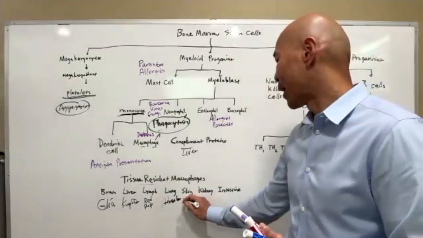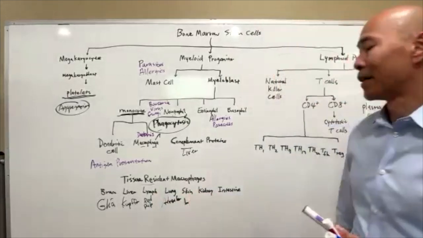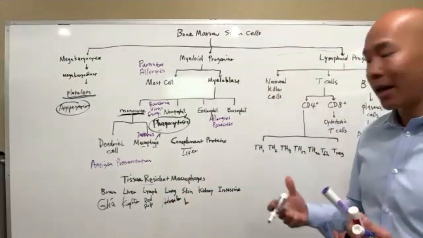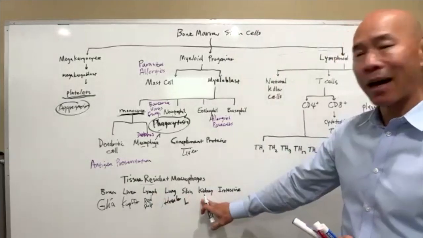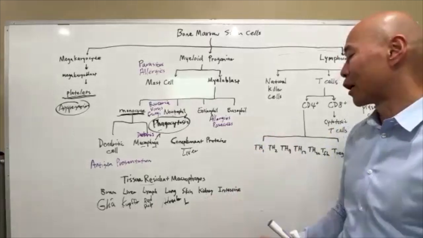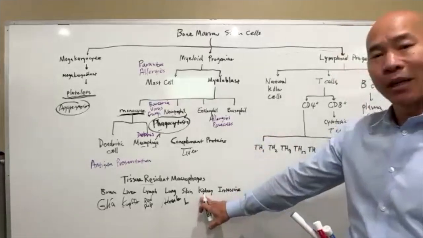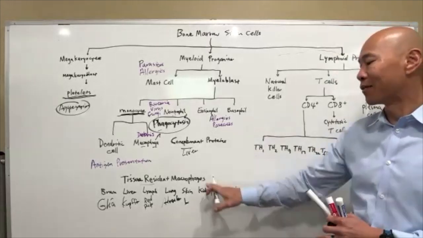In your skin, you have these Langerhans cells. These Langerhans cells in the skin help you to clear up any type of cellular inflammatory issues. In your kidney, you have macrophages in your glomeruli and the little fine tubules to help you to clear out inflammation, infection.